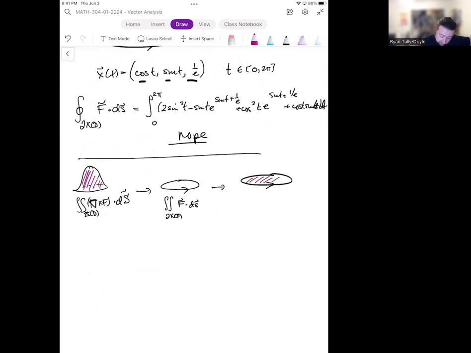I'm going to do this disk. I'm going to calculate the curl in that disk. And Stokes theorem says that the curl through that disk is the same as the curl through this surface. So by Stokes theorem, these are equal. I'll call it X1 of the curl of F dot dS. It's a striking feature of Stokes theorem that this is true. It has to do with the structure of vector fields.